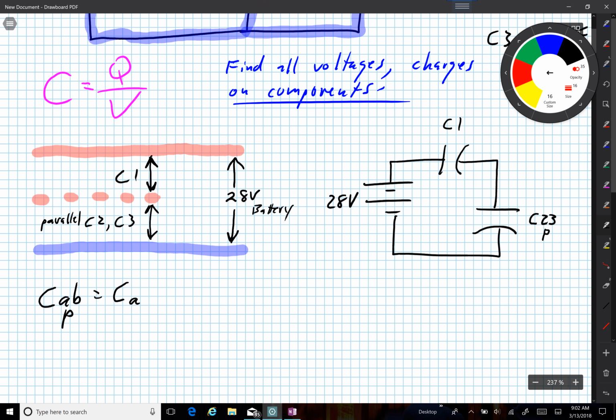So in the original diagram, C1 is not in series with anything. But in the equivalent diagram, C1 is in series because I no longer have any choices to make. I must follow from C1 directly down to C23P. So I'm going to make another equivalent diagram.